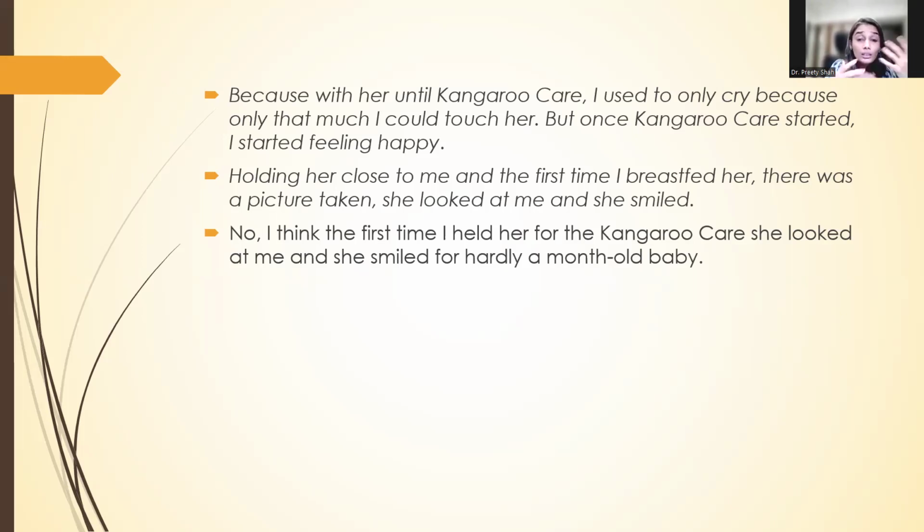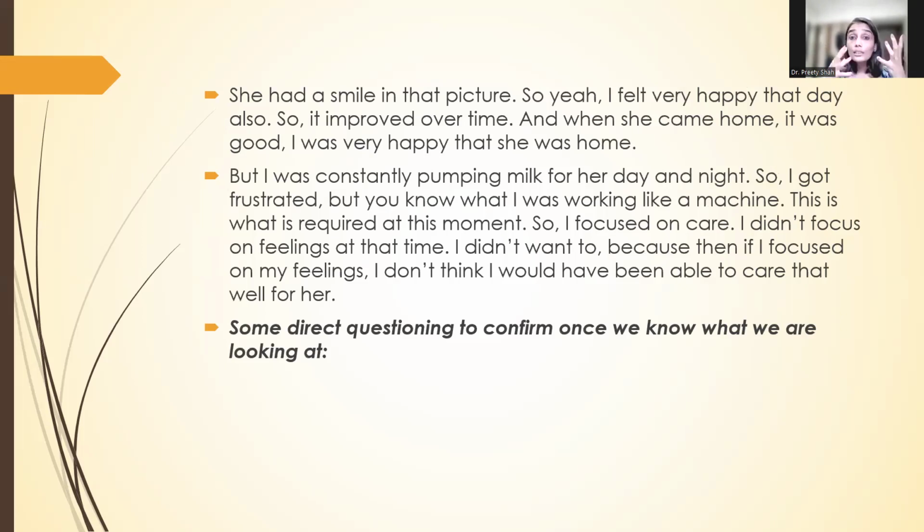Another thing the mother said is that the first time, when she was hardly a month old, even the doctors and the therapists noticed that the child smiled, and for such a premature baby, smiling was a very, very big deal. So she talks a lot about how those initial 1.5, 2 years were, and day and night the whole job of the mother was only to look after the child.